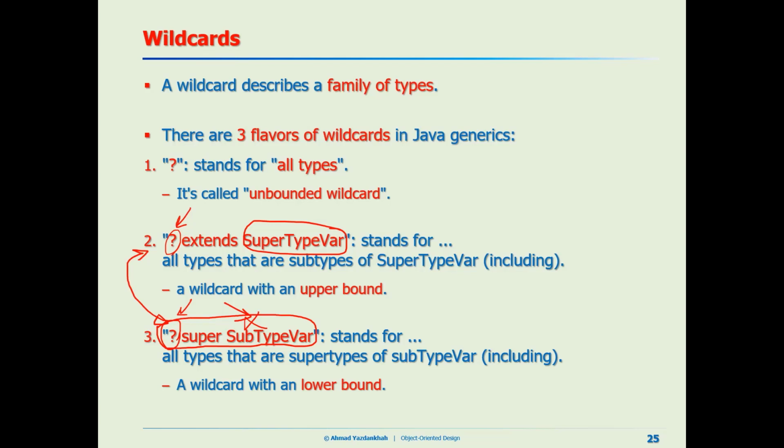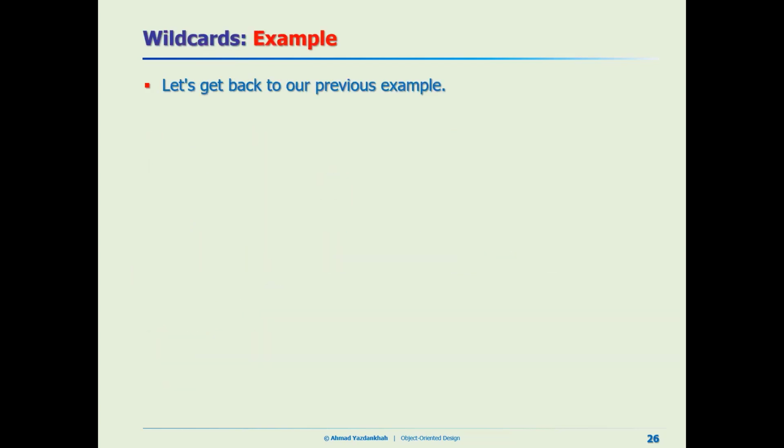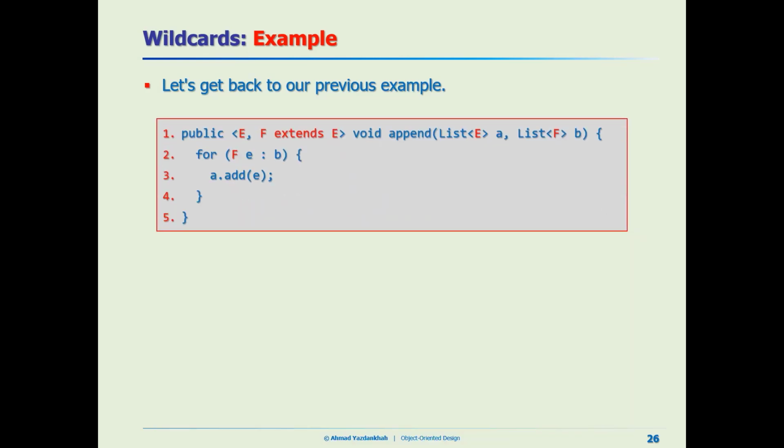I am going to explain them via some examples. Probably the best example is our previous example, the method with two arguments here. Okay, so this is our previous code, right?